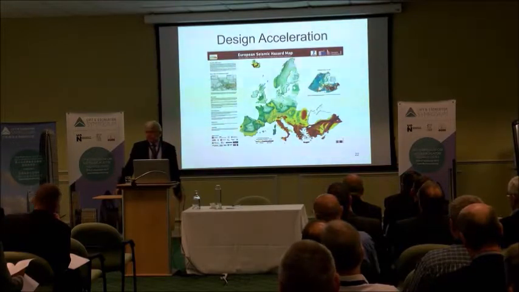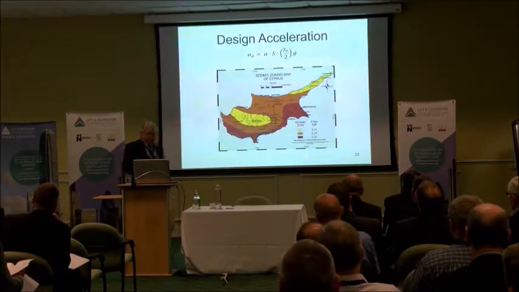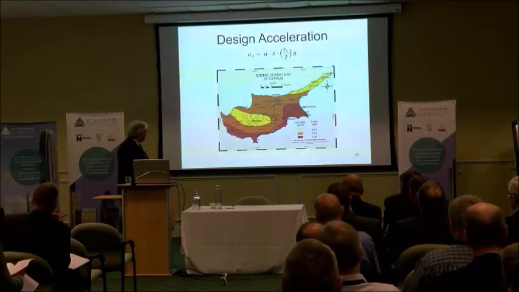There are always earthquakes in Turkey. And so here's a map of Cyprus, and this is a more detailed map, and these maps exist for most countries. And you can see here, this area is the one with the highest accelerations to be expected, the yellow the lowest. So if you were going to build a building in Larnaca, you would have to use this value here.